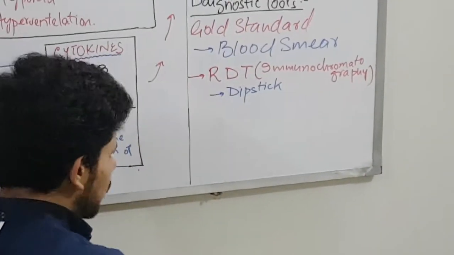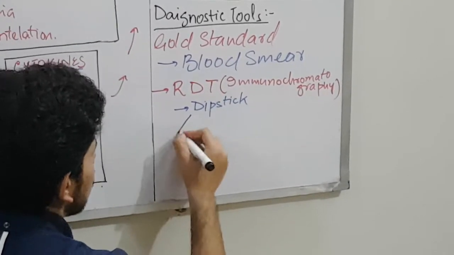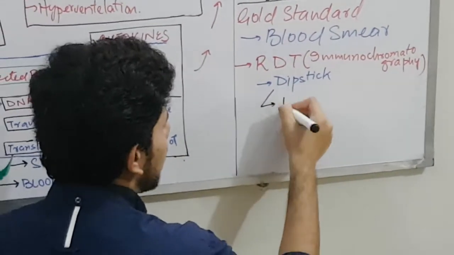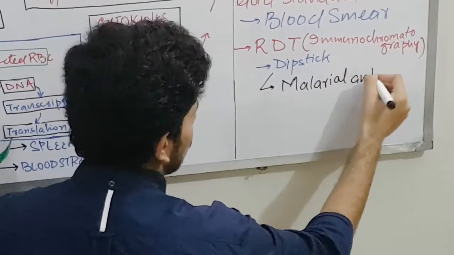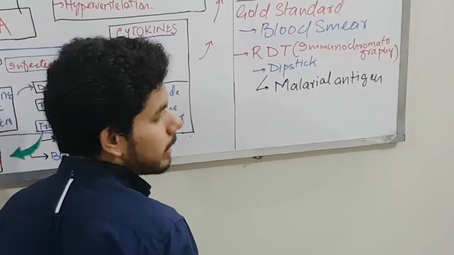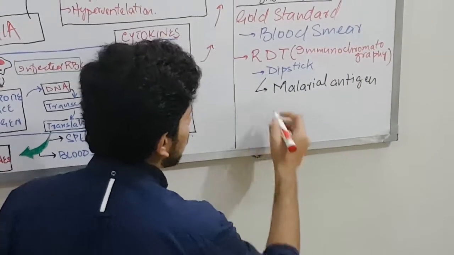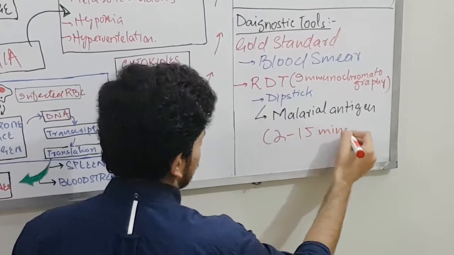It includes a dipstick, and what this dipstick does is it detects the malarial antigen and it gives the result of the test in 2 to 15 minutes.